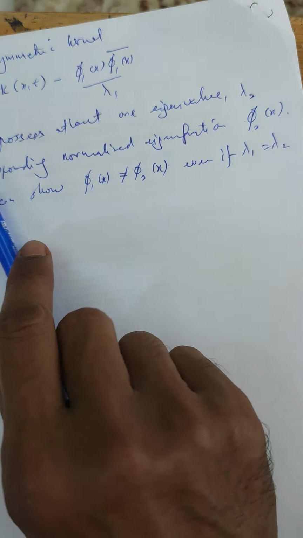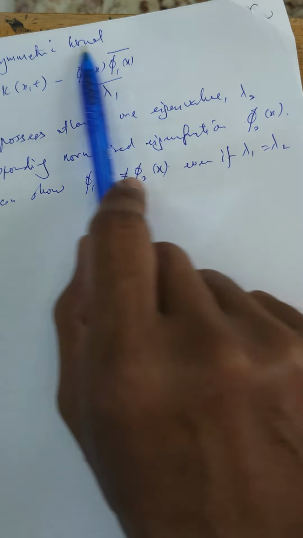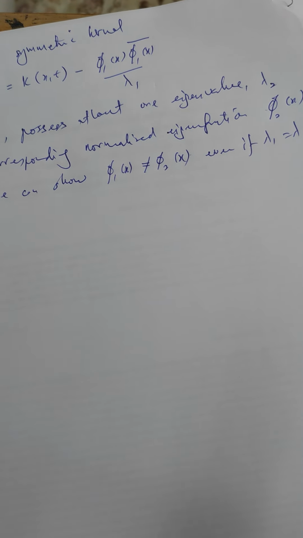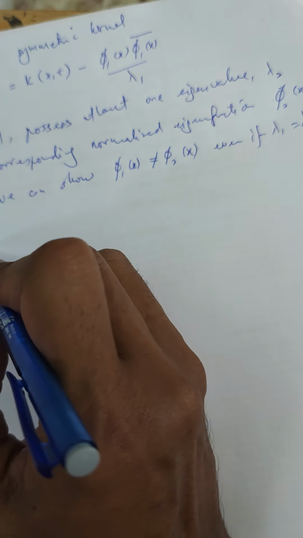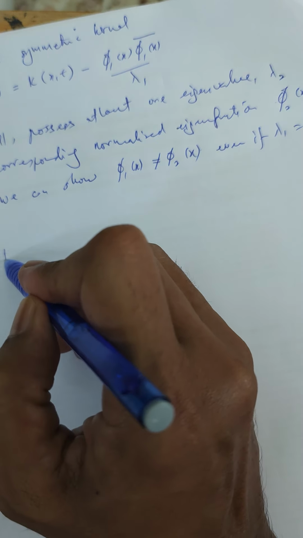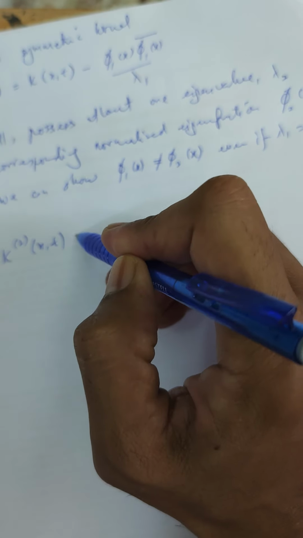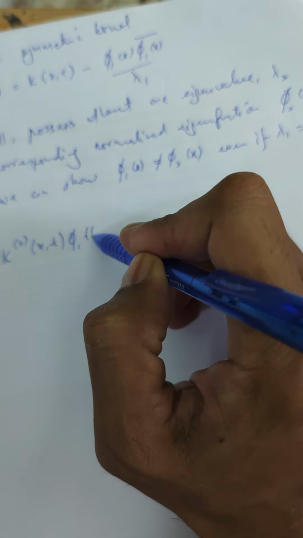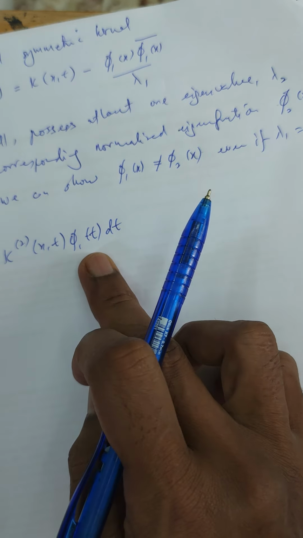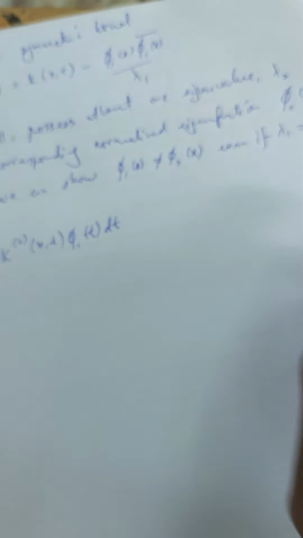You can show that by integrating those, k2, the second truncated symmetric kernel, from a to b: k2 x t phi 1 t dt. We multiply by phi 1 and then integrate from a to b.